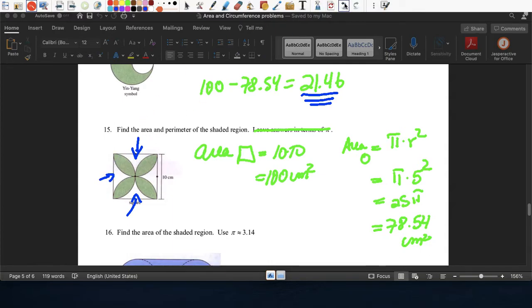Let me write that. This and this, hang on a second. So I know that these two are 21.46, so those two combined are 21.46, which make these two 21.46.